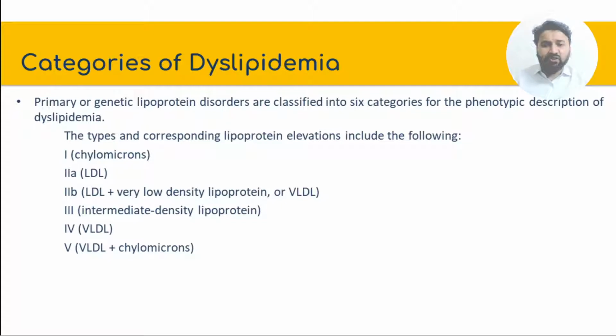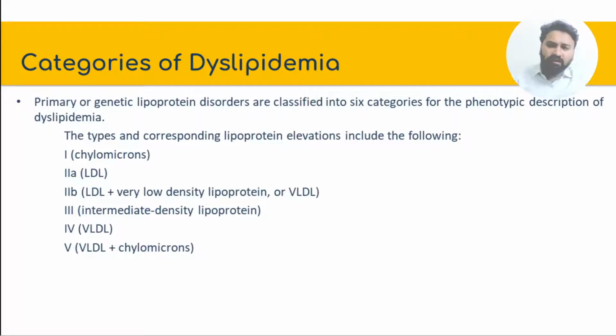The second is of 2 types, 2A and 2B. 2A is simply low density lipoprotein, and 2B is low density lipoprotein plus very low density lipoprotein, also known as VLDL. The third is type 3, the intermediate density lipoprotein. Type 4 is only very low density lipoprotein. And the fifth type is VLDL plus chylomicrons.